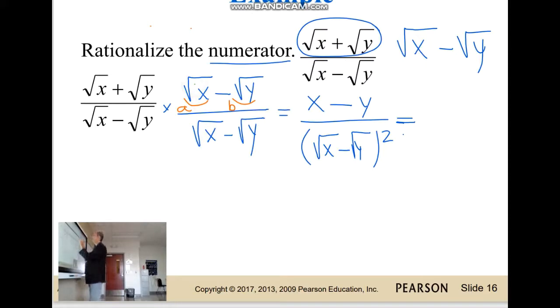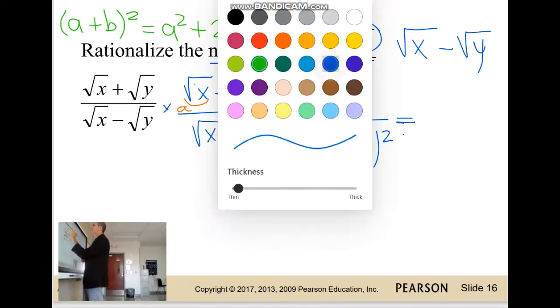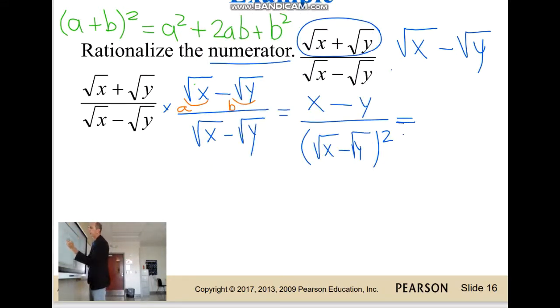Let me write down a plus b squared equals a squared plus 2ab plus b squared. Right? We can apply this on the denominator because we're going to be able to simplify a little bit the denominator as well.